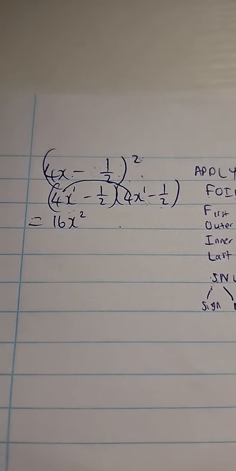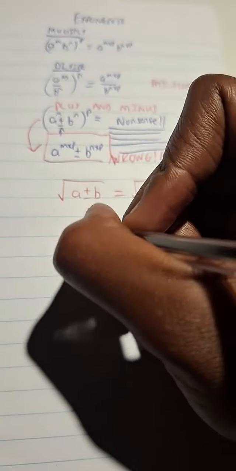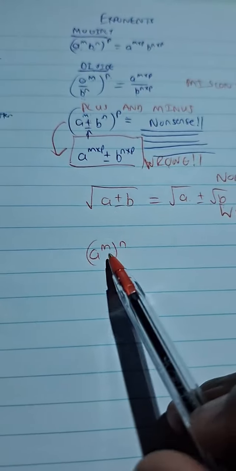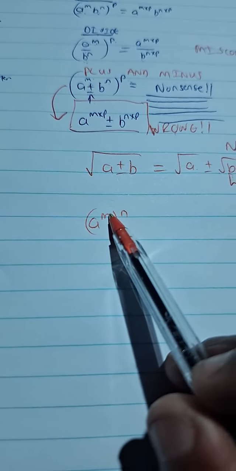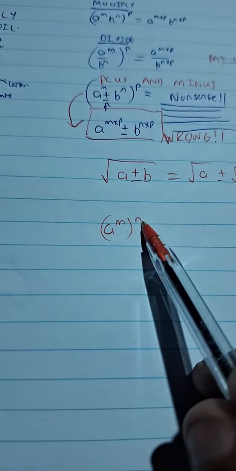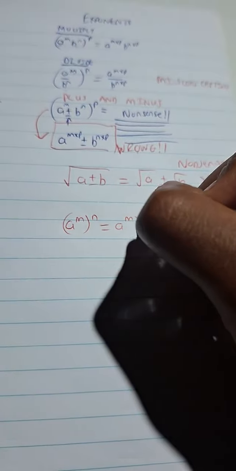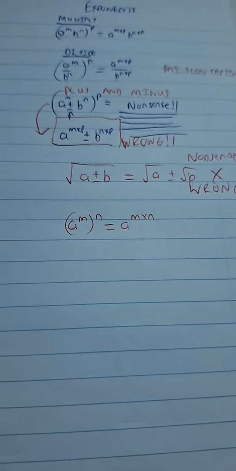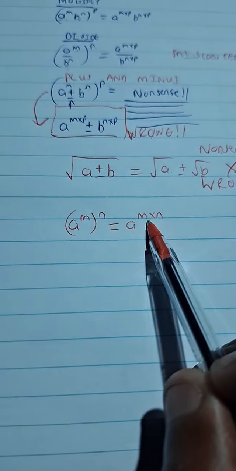Bopilo Mohotu is saying, can you explain briefly? Bopilo, the basis of that law is this. If you have a base raised to an exponent and it's raised to another exponent, the law says you multiply the exponents. Are we together?